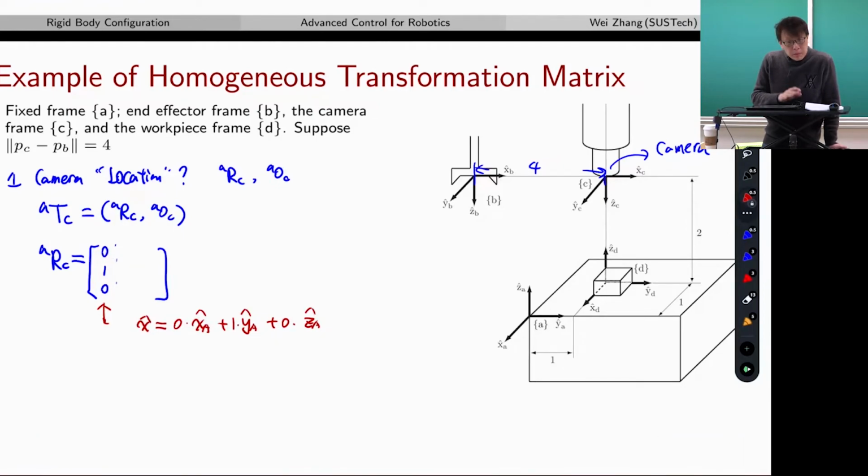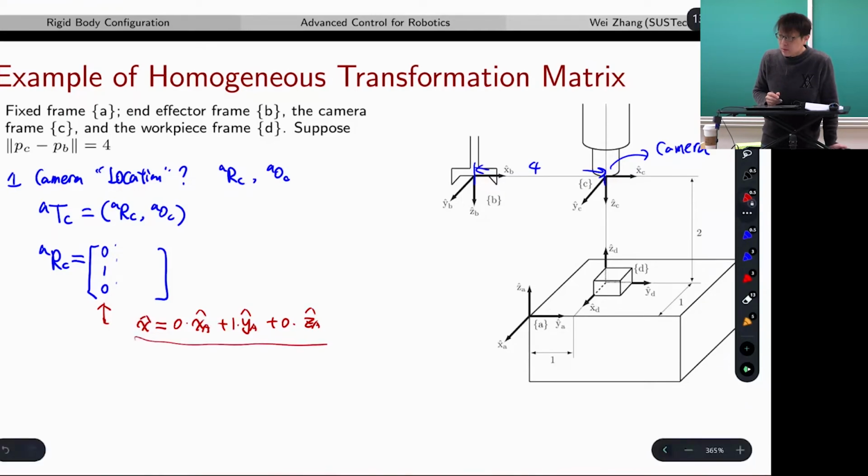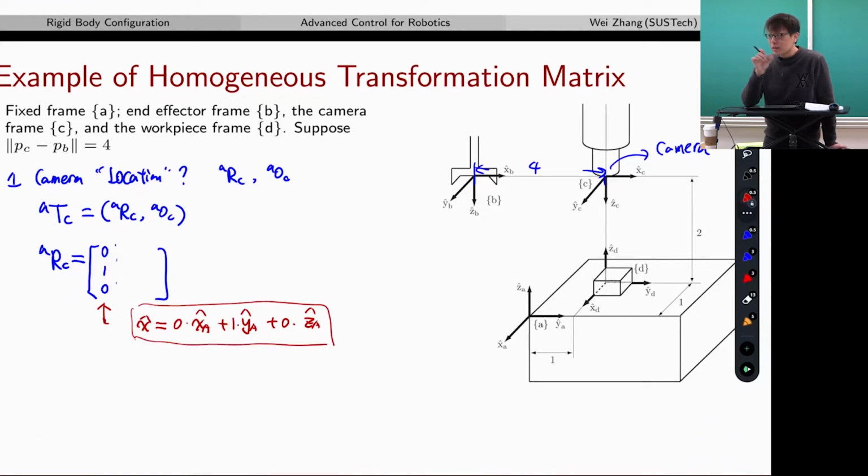Does this number mean physics or geometry? It's a shorthand notation, but we have to agree upon this. And this equation does not have any coordinate. It's just all the physical vector relation. I think that's good enough for us to move on.